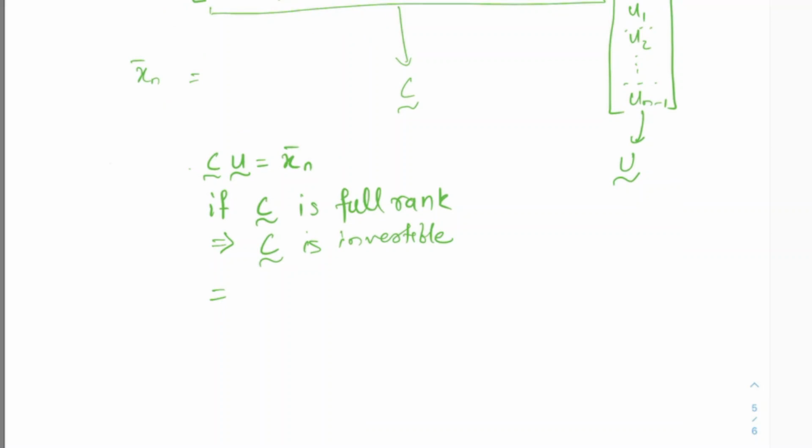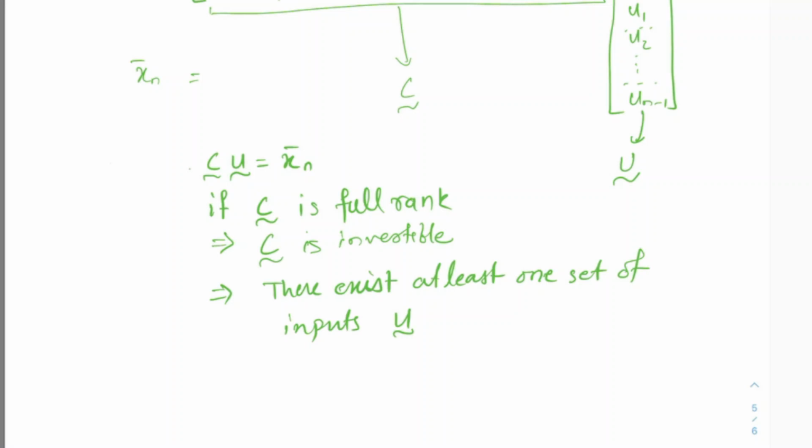Since C is invertible, the equation has a solution, and if the equation has a solution, there exists at least one set of inputs u which can take your states from x0 to xn.